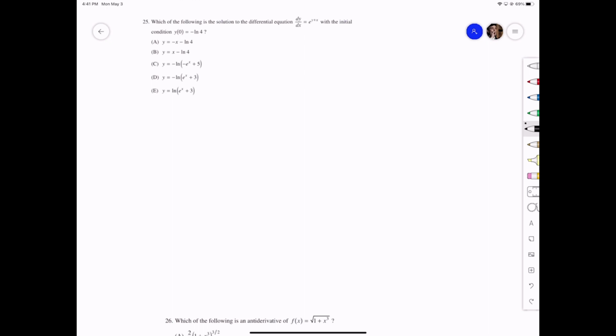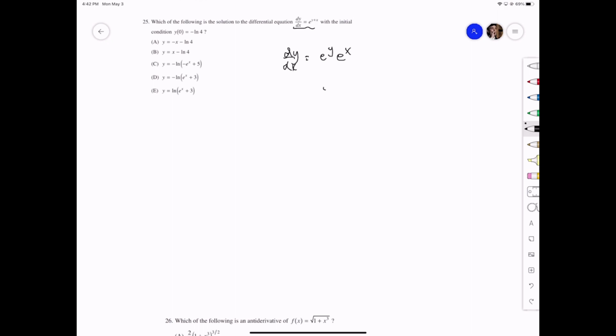Which of the following is a solution to the differential equation with the initial condition y of 0 equals negative ln 4? Okay, so we can rewrite this as dy dx equals e to the y times e to the x.